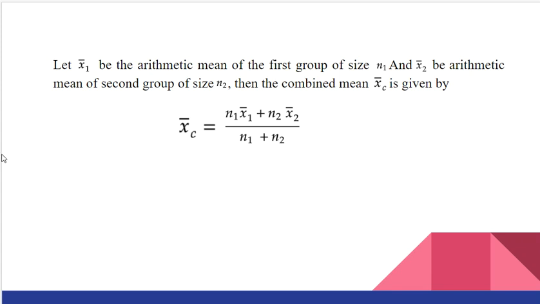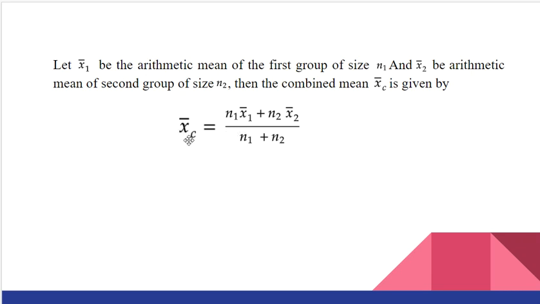Why have we given this property? Many times it is required to compute the mean of two groups combined together if the means and sizes of the groups are known. How is the formula formulated?